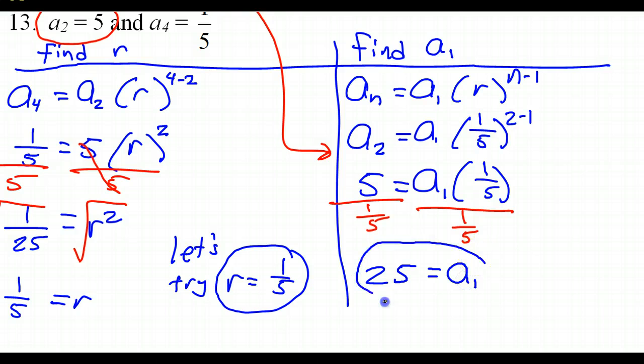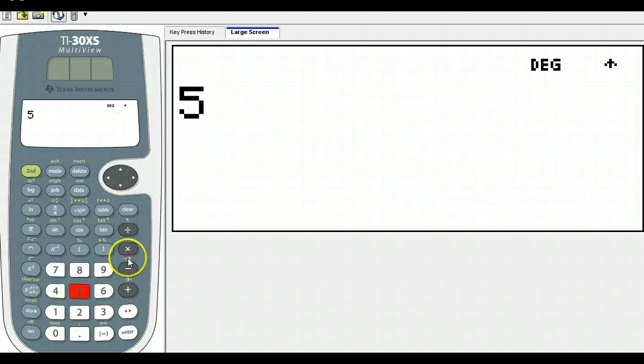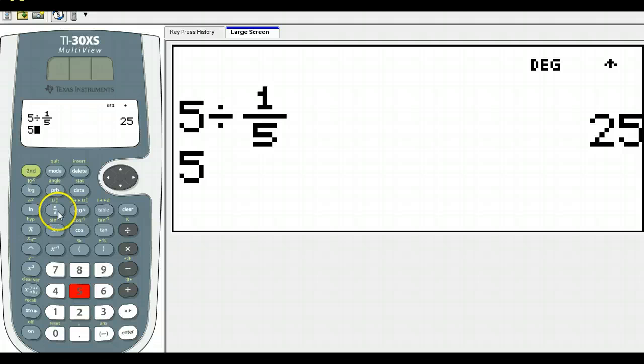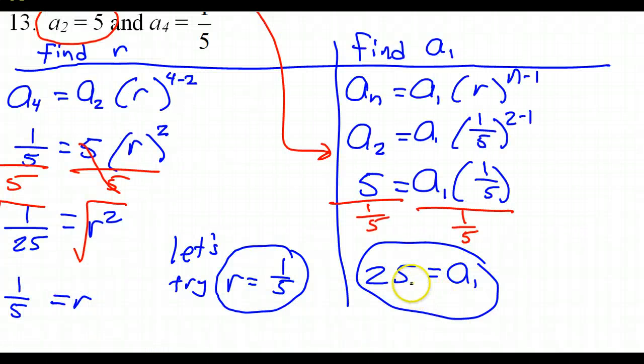So that's going to be the value of a1. If you did not know that, you could put this in a calculator and you could either do 5 divided by 1/5, then you get your 25, or you could do 5 over 1/5, like that. Either way, you're going to get 25.